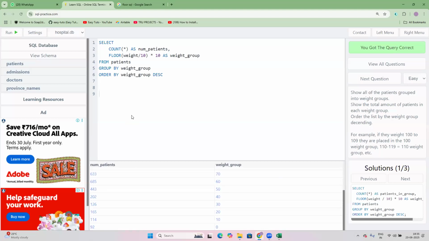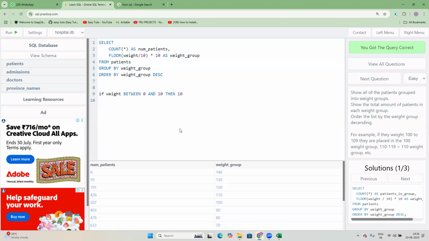So case, if weight between 0 and 10, then 10. Then again you'll have to write another one, and keep repeating this till 140. That is 14 cases, and then end as weight group. Yes, start it with case. Understood, thanks.